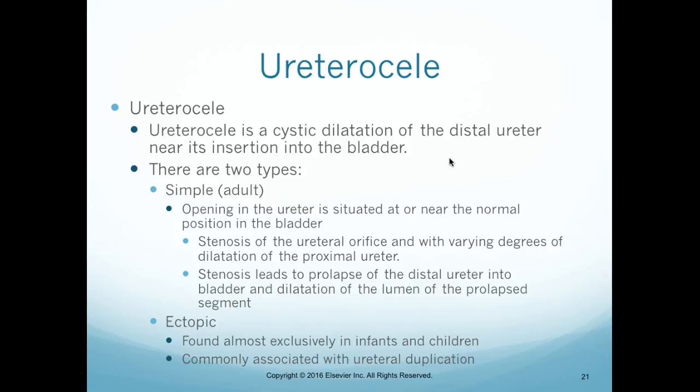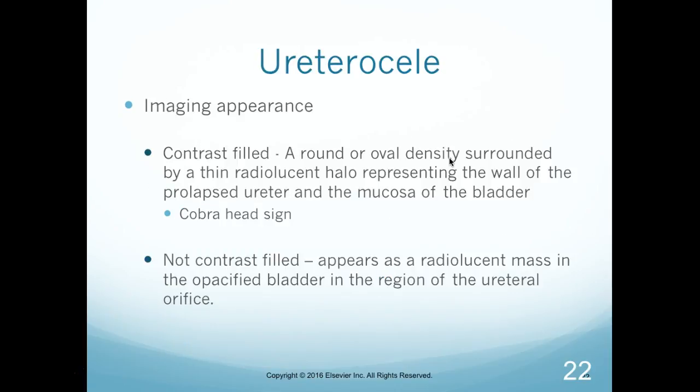So the ectopic is found almost exclusively in infants and children, commonly associated with ureteral duplication. So you need to watch and see if there's two ureters on each side. So what it looks like when there's contrast in the bladder and the ureter: a round or oval density surrounded by a thin radiolucent halo representing the wall of the prolapsed ureter and the mucosa of the bladder.